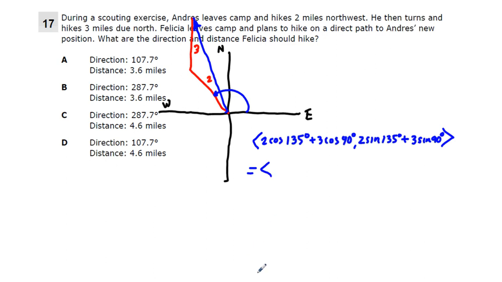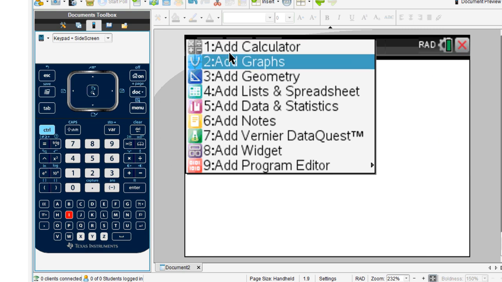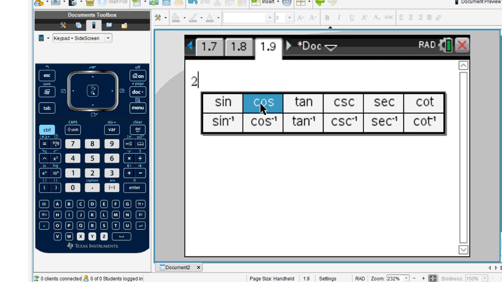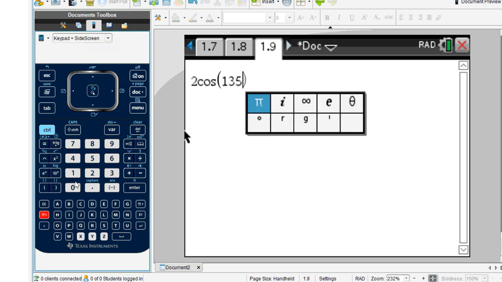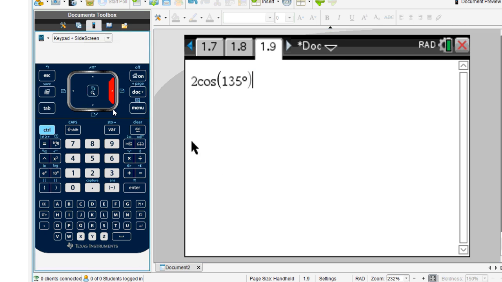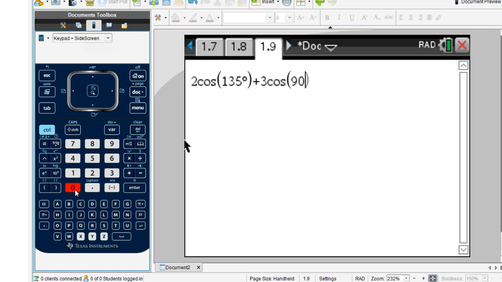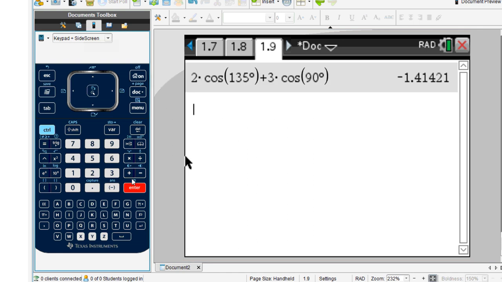So 2 cosine 135 degrees plus 3 cosine 90 degrees, and I already know cosine 90 degrees is 0. So we get negative 1.414. Okay.